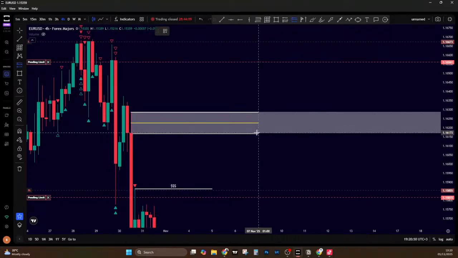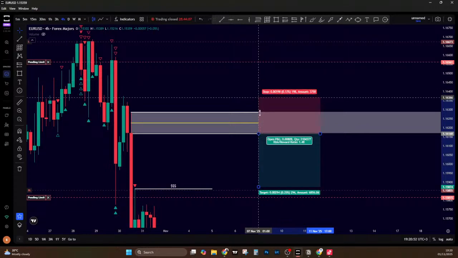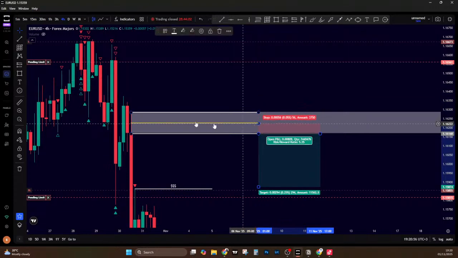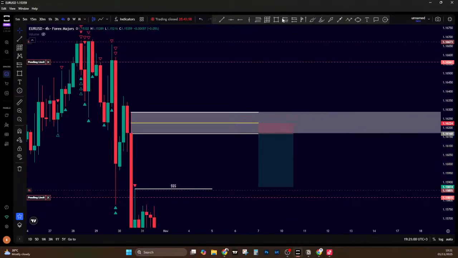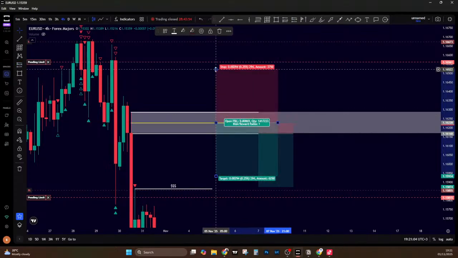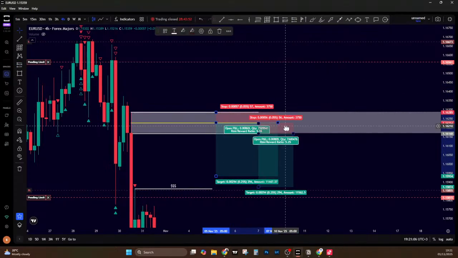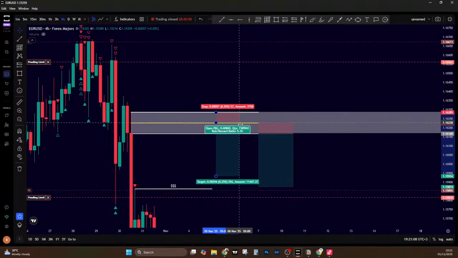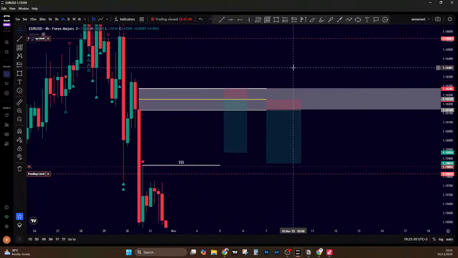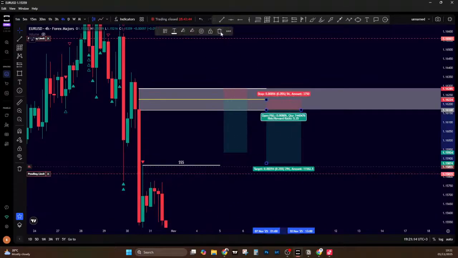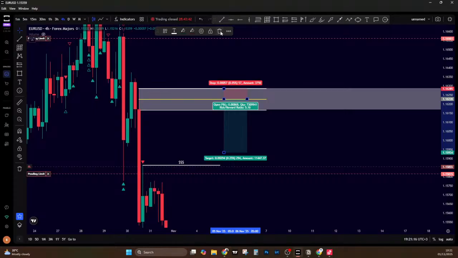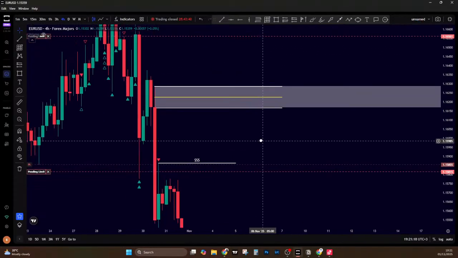So if you take a trade from the base of the wick, your stop loss is at the 50% there, and then if you take at the 50%, your stop loss is around that area. Okay. So I'll be looking out for this in the near future.